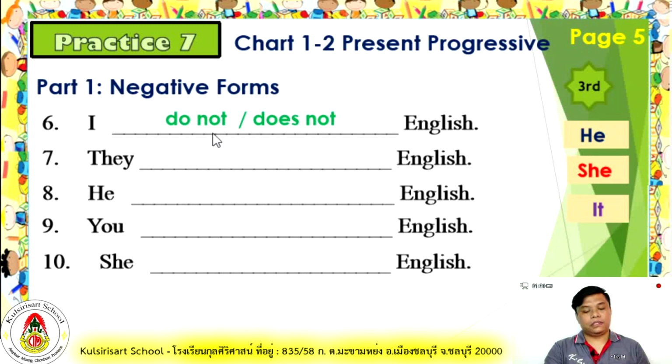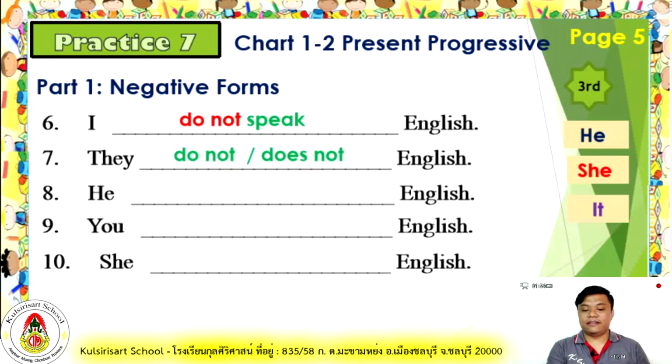This is singular, but this is not third personal. What do you think is the answer? Correct. Do not. I don't speak English. You will not say, I am not speak English. You will say, I don't speak English.